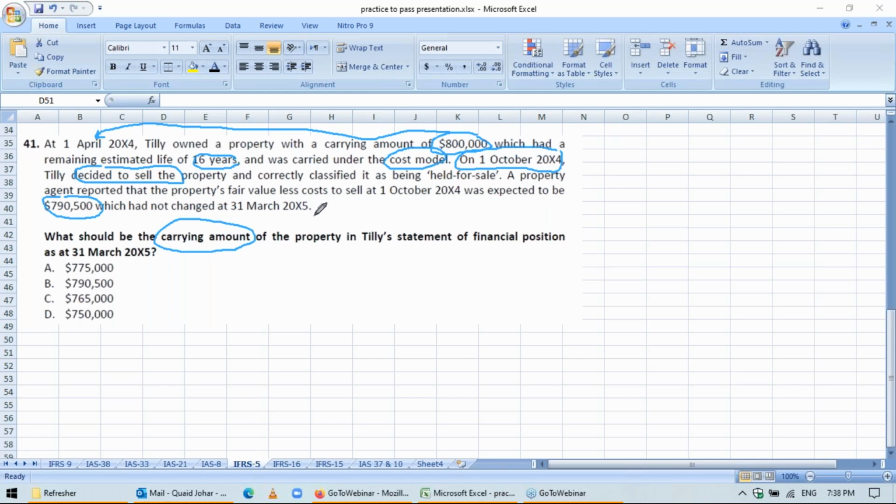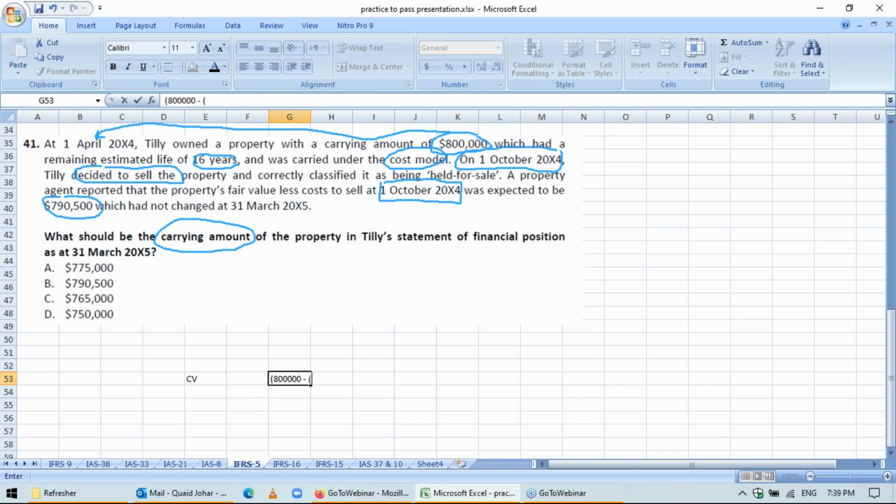Now you will stop depreciating the asset when you decide on 1st of October. So on 1st of October, we have decided that we are going to sell the property. What you need to do first is calculate the carrying value. The carrying value 800,000 is given on 1st of April.